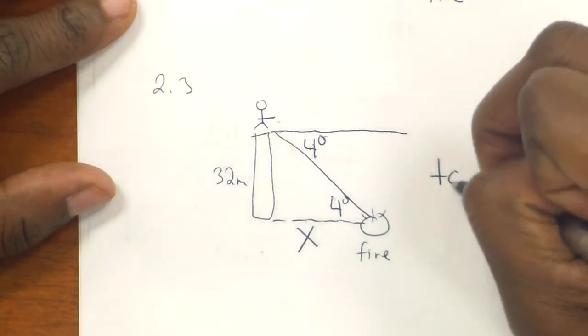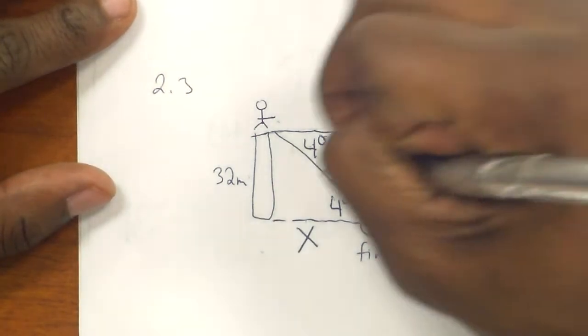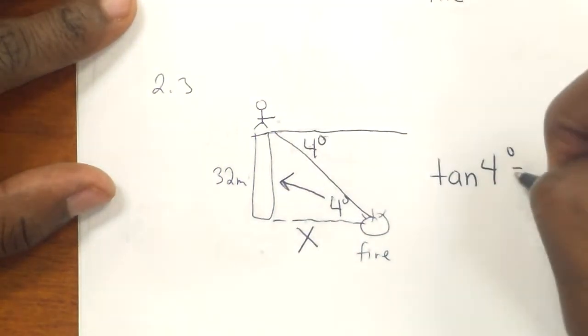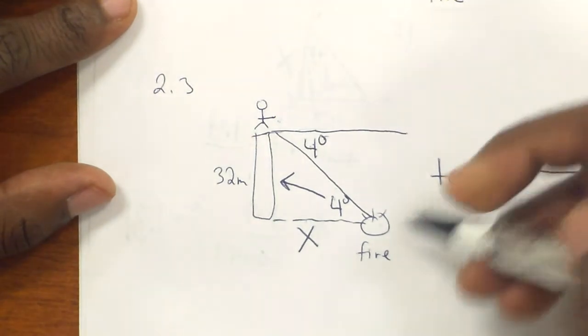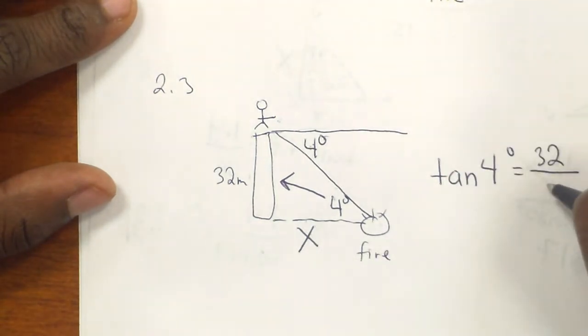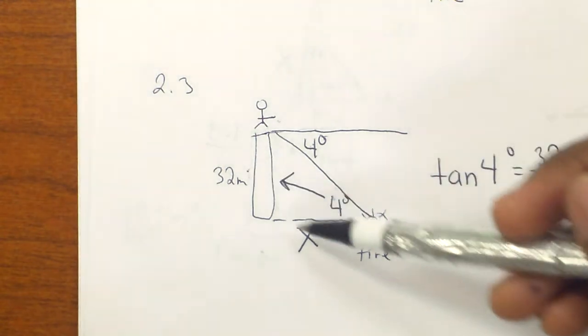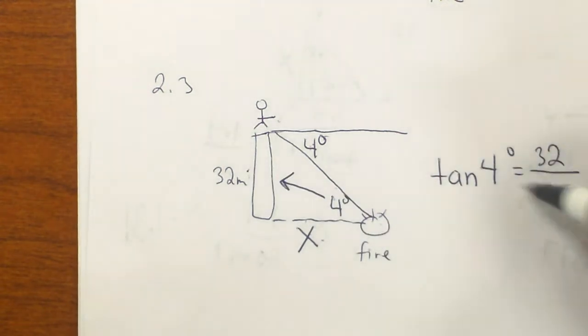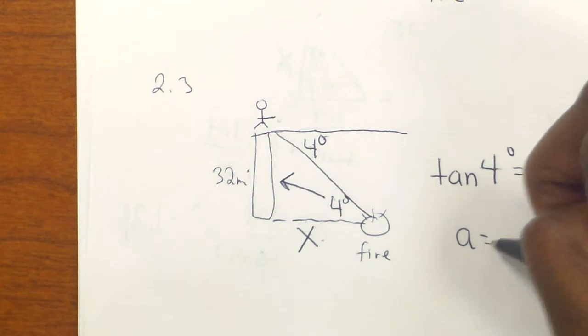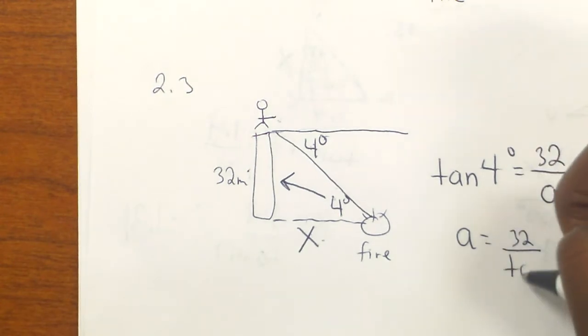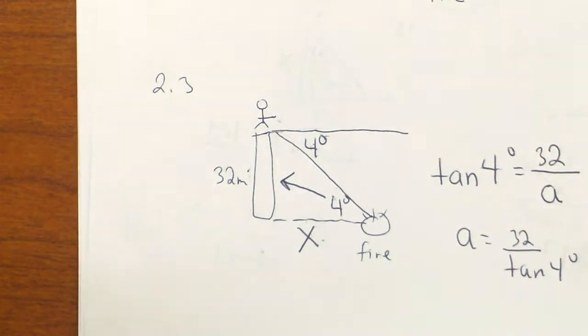Opposites are congruent. We want to know the horizontal distance. So we're going to use tan 4 degrees because I have opposite over the adjacent. Why am I putting A? Okay, that'll be my unknown, A instead of X. I don't know why I wrote A. So we have opposite over the adjacent. Remember, these basically flip-flop, so our unknown is equal to 32 over tan 4 degrees.